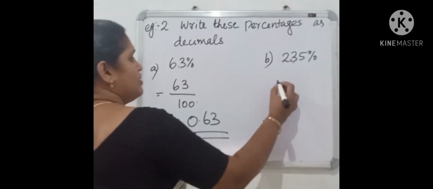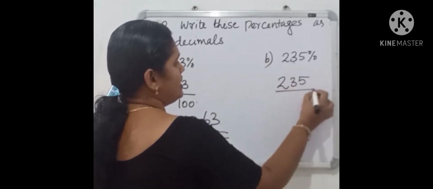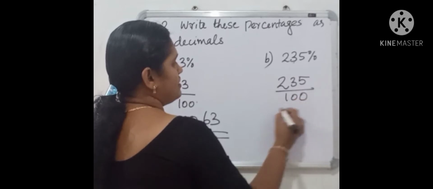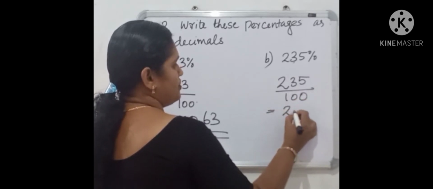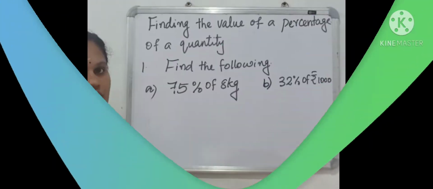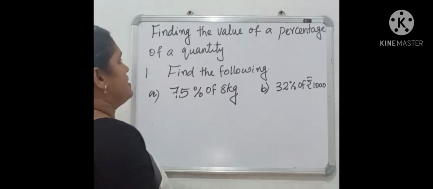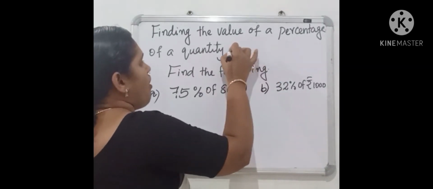Next is 235%. 235 by 100, which equals 2.35. Okay. Finding the value of a percentage of a quantity.